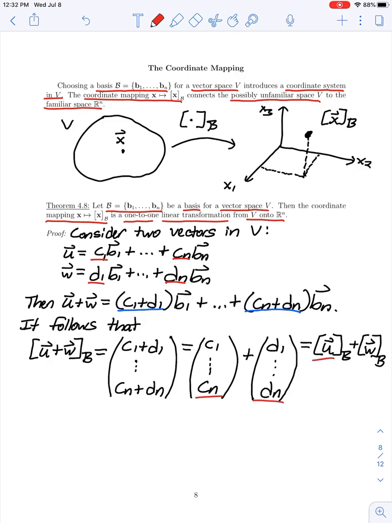So these two vectors are exactly the coordinate vectors for u and w relative to the basis B. So we see the mapping of the sum of the vectors is the sum of the mappings of those vectors.